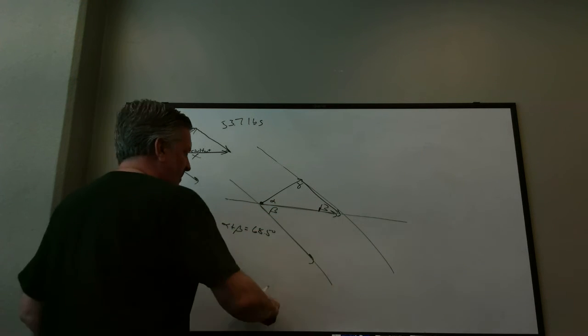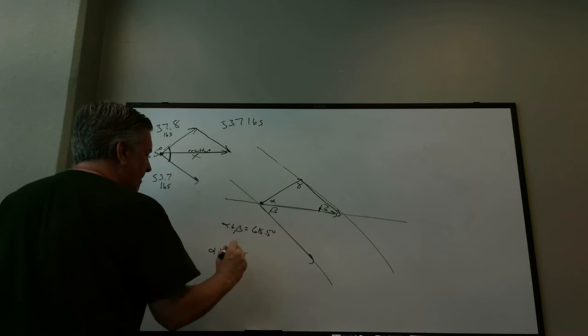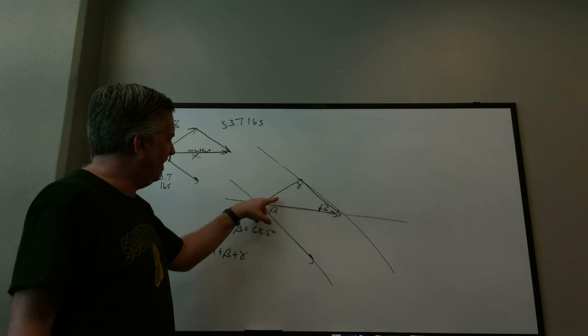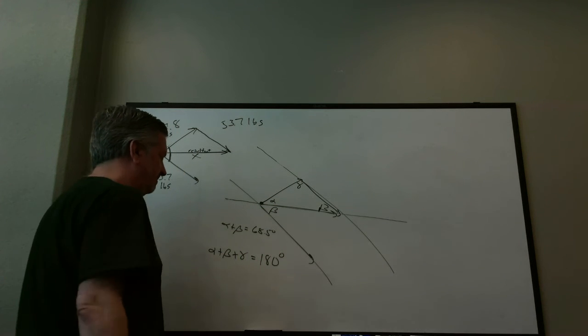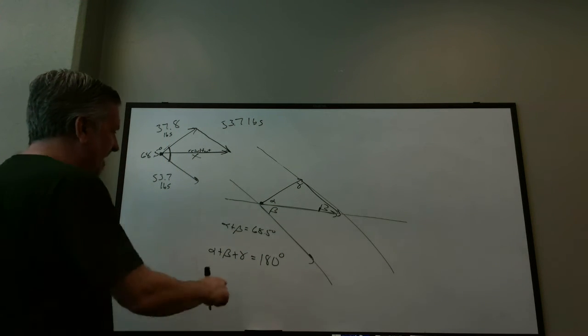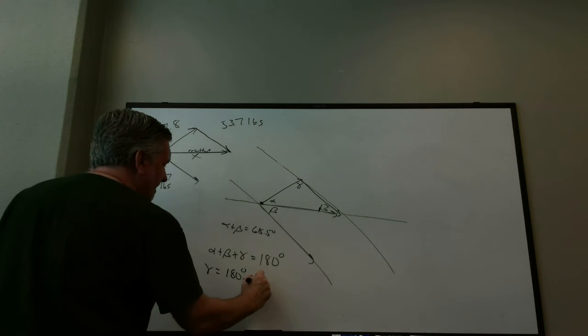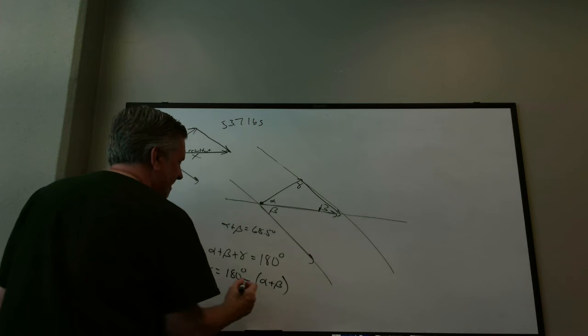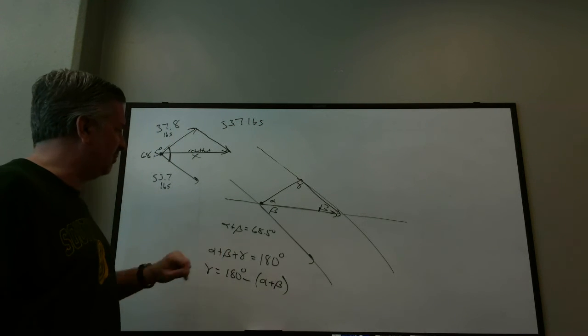Well, if that angle's beta, what do you know about alpha plus beta plus gamma? All three of these angles are in this triangle, so they sum to 180 degrees, don't they? So what's gamma? Angle gamma is 180 minus (alpha plus beta), isn't it? Right? Subtract alpha plus beta from both sides, that's what you get.